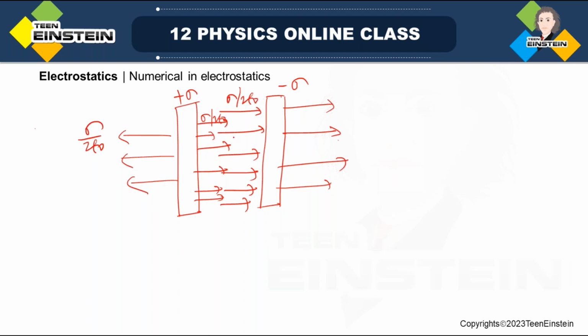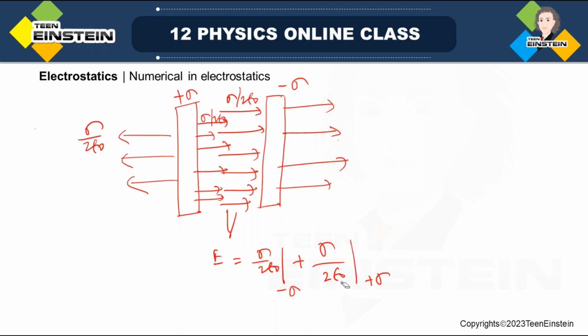So in this region, you can see the electric field produced by both positive and negative charges will be additive. The total electric field will be sigma by 2 epsilon 0 due to negative sigma plus sigma by 2 epsilon 0 due to positive sigma.